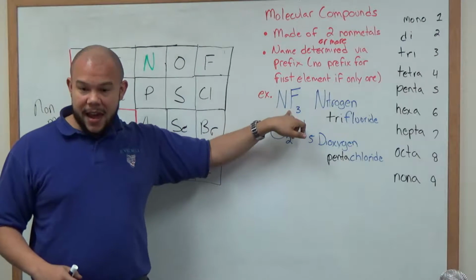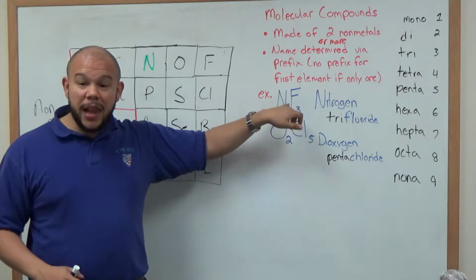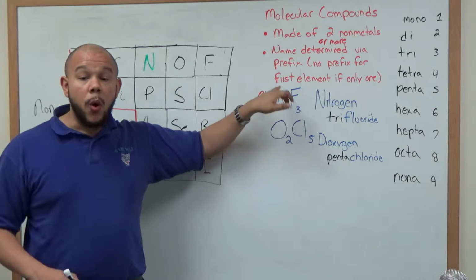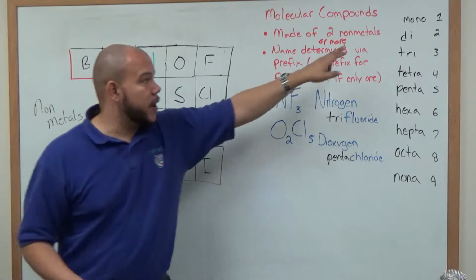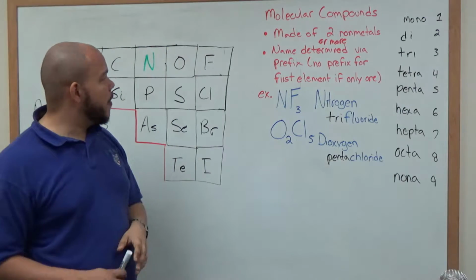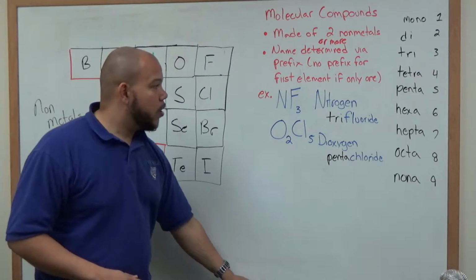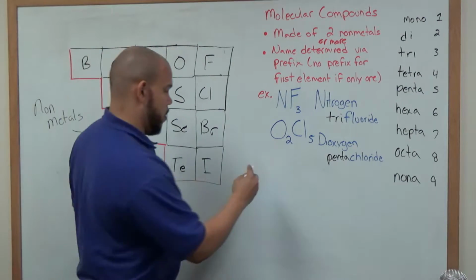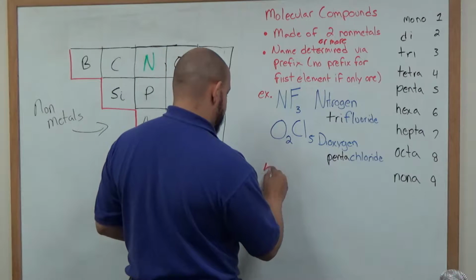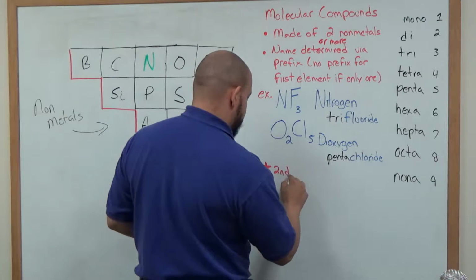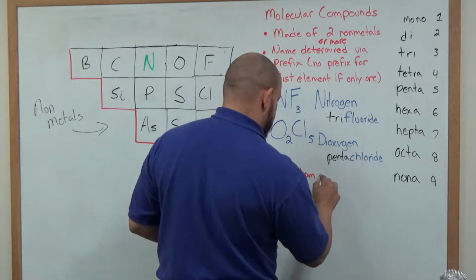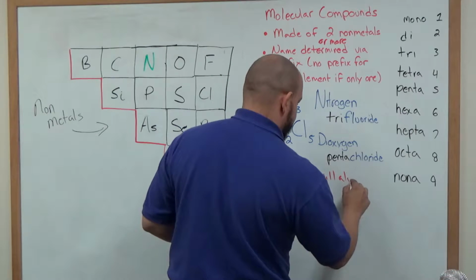The second atom in a molecular compound will always have a prefix, right? Will always have a prefix. So I'm going to put a star here. Second atom will always have a prefix.